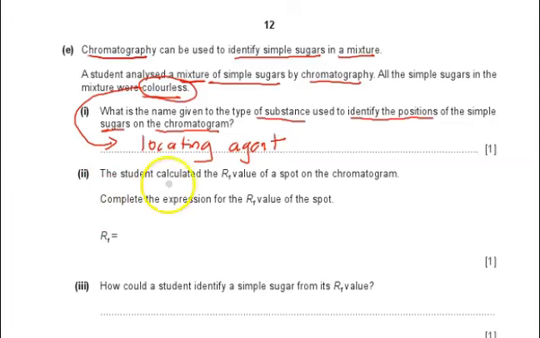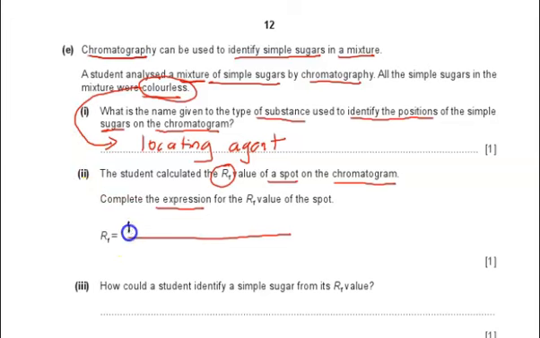Okay, the student calculates the RF value of a spot on the chromatogram. Complete the expression for the RF value of the spot. So here we need to write down the formula. Let me use a black color here.